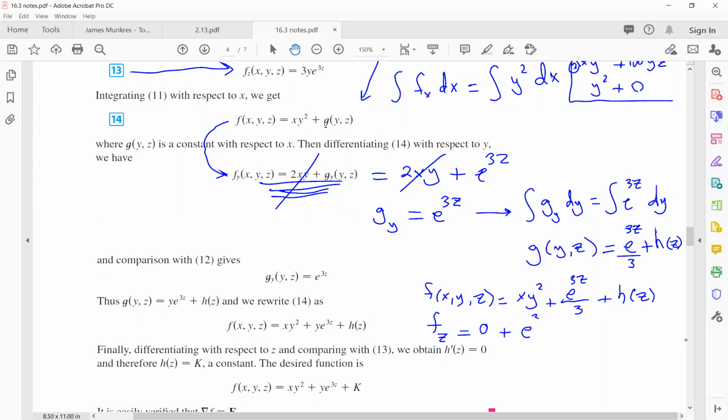This is e to 3z plus h prime of z. Let's see, is anything missing here? Everything's fine. Looks good.